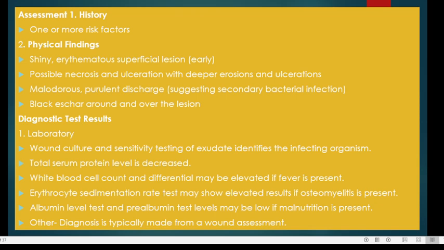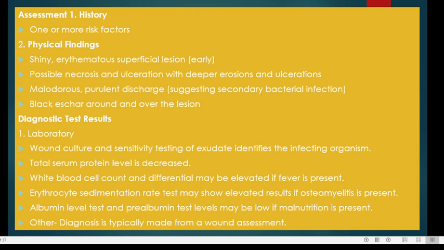We have a shiny erythematous superficial lesion in early phases, or possible necrosis and ulceration with deeper erosions and ulcerations. We have malodorous purulent discharge, and this normally suggests that there is a possibility of secondary bacterial infection. We also have black eschar around and over the lesion.